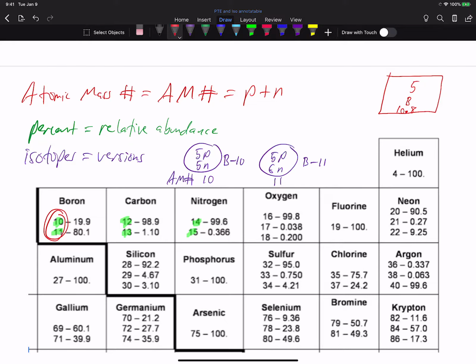So we'll talk more about how to do this, but basically, if you were to take 19.9% of the isotope that weighs 10 and 80.1% of the isotope that weighs 11 and do the proper weighted average calculation, the average that you'll end up with is 10.8. So that's the kind of information that's on the periodic table, the atomic mass.